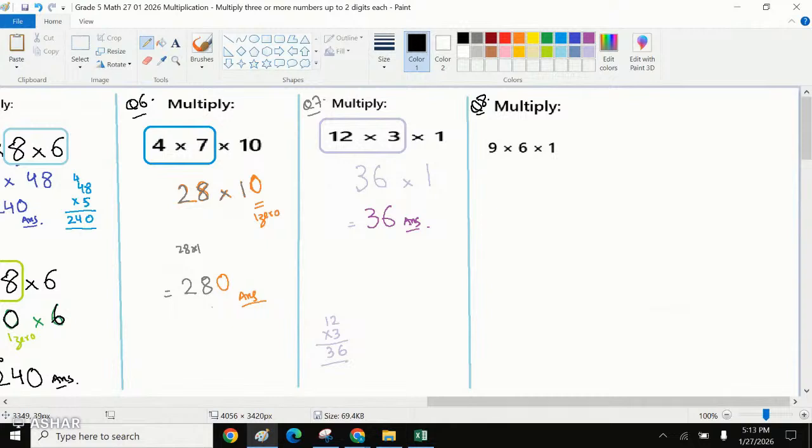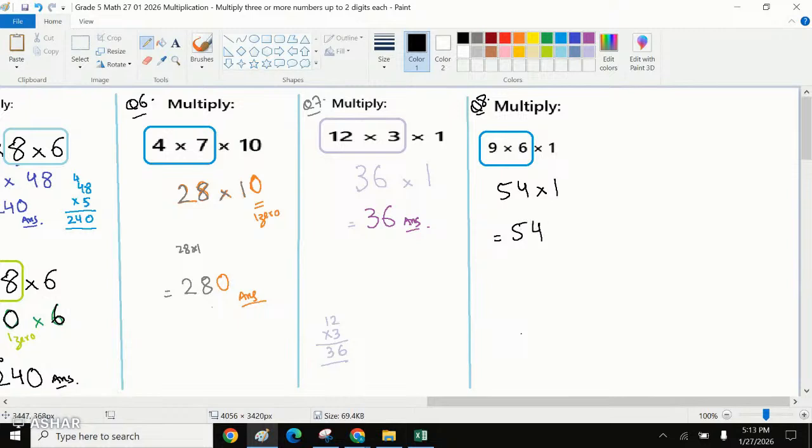We need to multiply 9 multiplied by 6 multiplied by 1. So what should it be? 9 multiplied by 6 is 54, multiplied by 1. That would stay as 54.